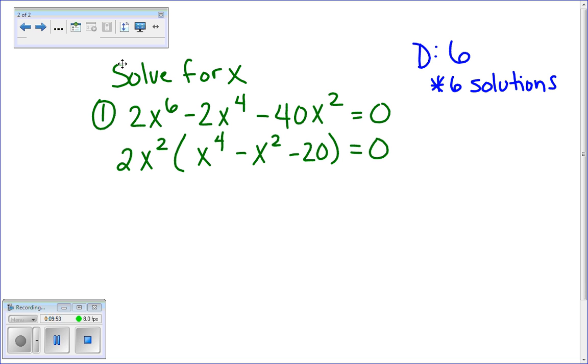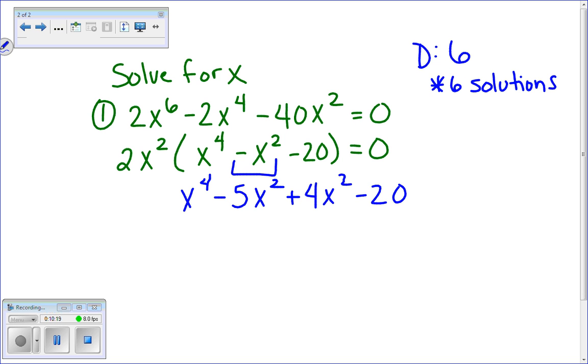Okay, this trinomial is factorable. We factor it the exact same way. We're going to take the factors of negative 20 and break up that negative x squared. So the factors of negative 20 that add to negative 1 will give negative 5x squared plus 4x squared minus 20. Okay, factor by grouping.